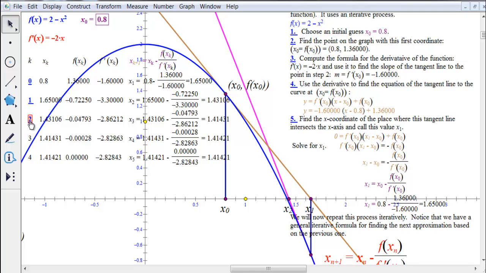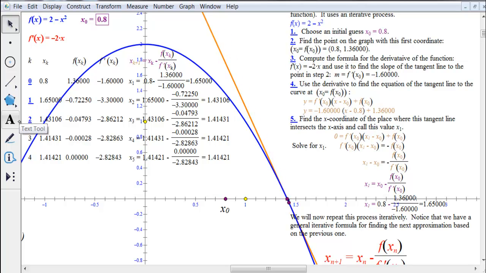Then we repeat the process again. Let me hide the first one. And so now you can just see the second step. Now we go from the second step, we repeat the process and do the third step there. Okay, so to find the third one, we take the x value here of 1.43106, go down here and find its corresponding y, which is there on the curve, and that turns out to be negative 0.04793.